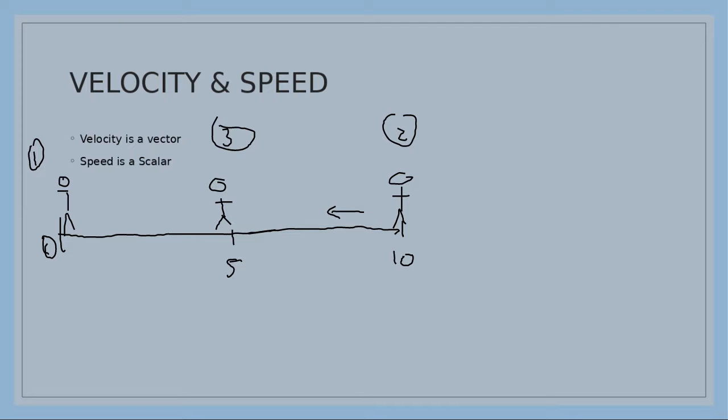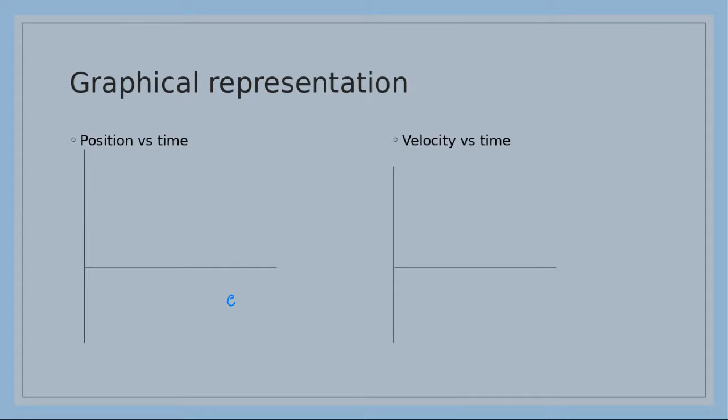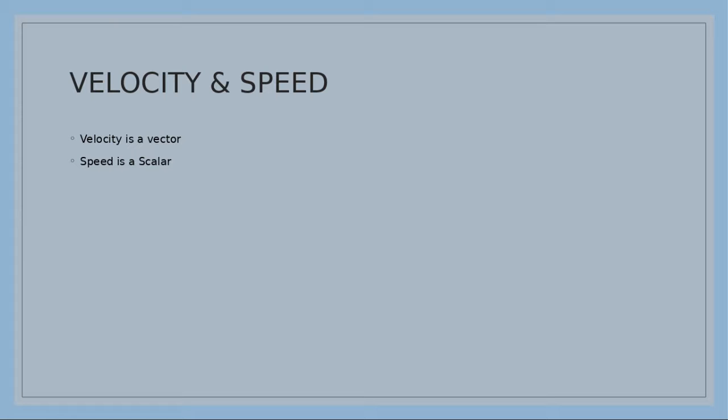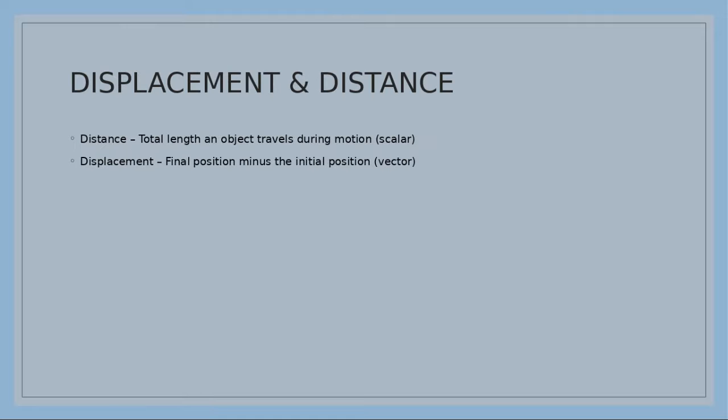Switch color. So velocity in the x direction given by the displacement, right? Displacement on the top. Just rewrite it.